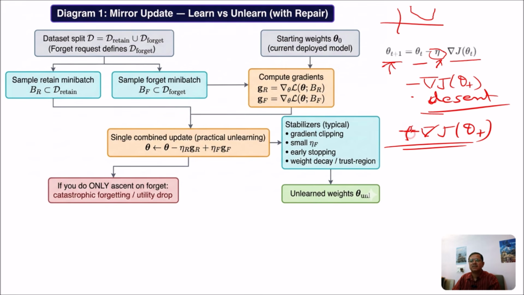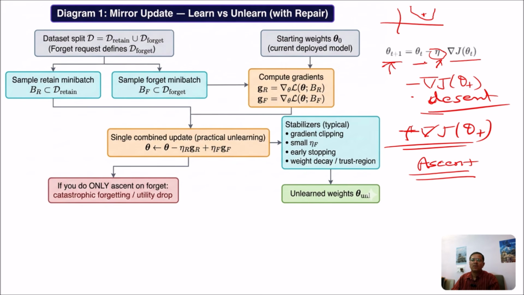But if the sign is plus, it is going in the reverse direction and forgetting what it learned. This is called gradient ascent. And this concept of gradient ascent is actually used in the machine unlearning concept.